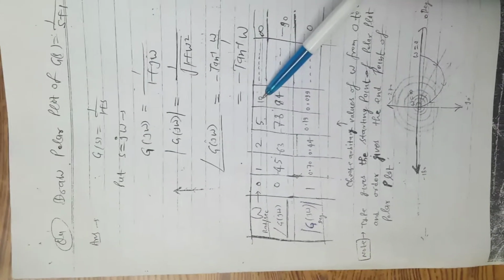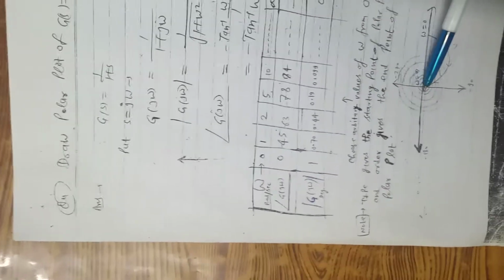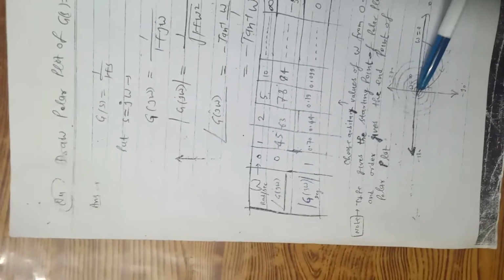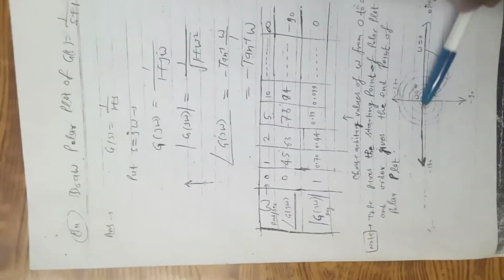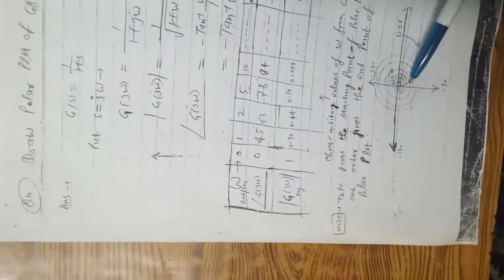Similarly, at ω = 10, the phase angle keeps increasing on the negative side, minus 78, and the magnitude is 0.09, so somewhere around here is the next point.